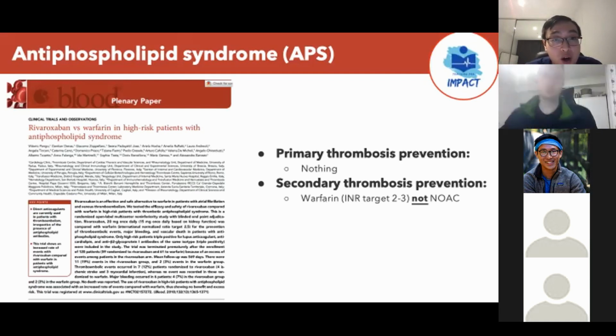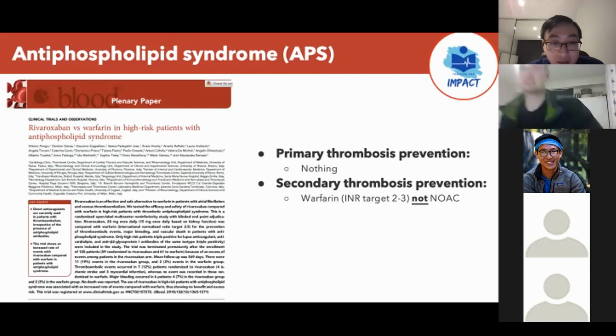Or in patients with a history of arterial thrombosis, as opposed to just venous events or small vessel events. So I've shown here one of the seminal papers in Blood demonstrating superiority of warfarin over the DOAC rivaroxaban.